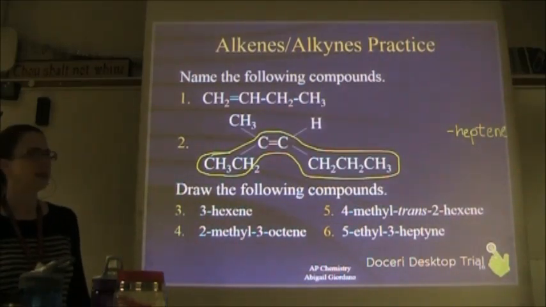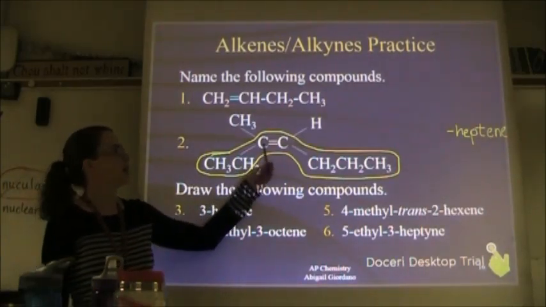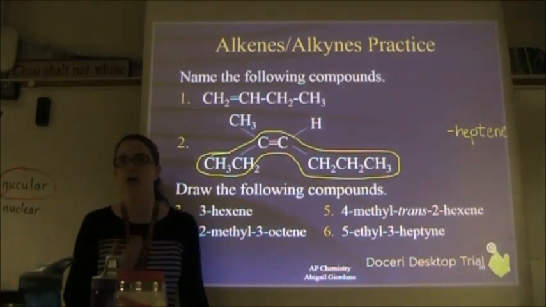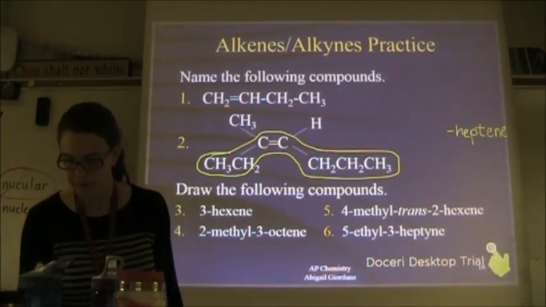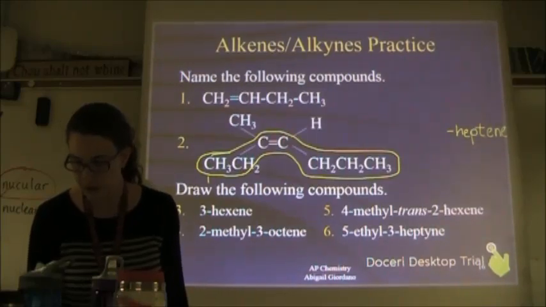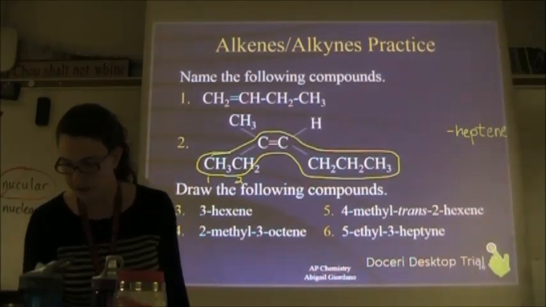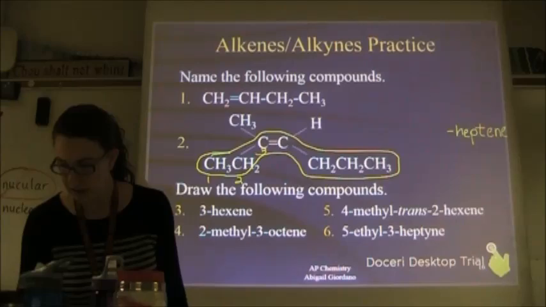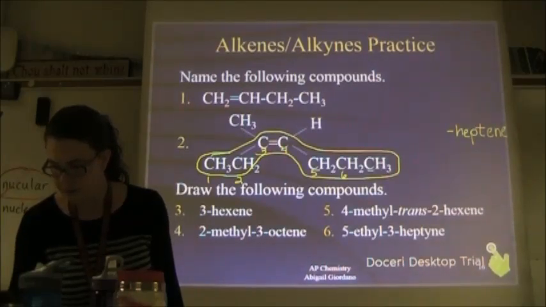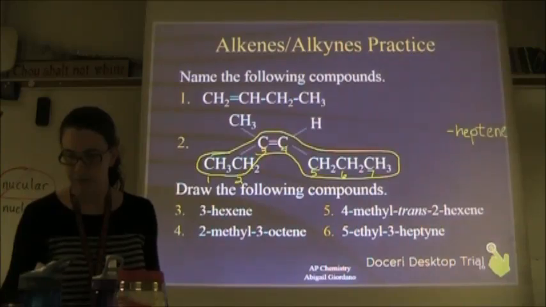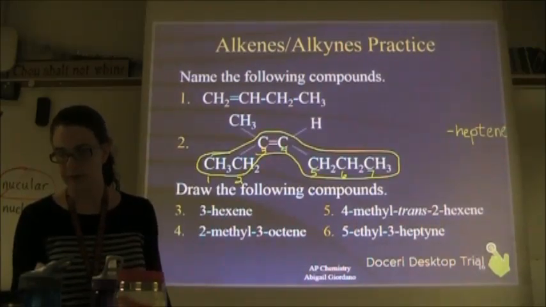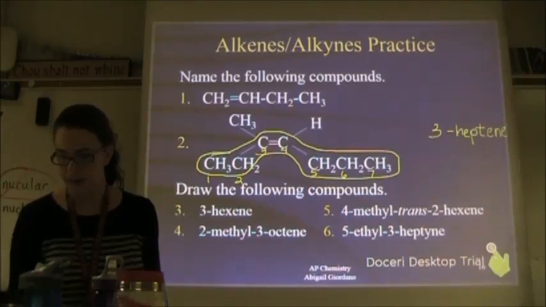Left to right. Why left to right? Yeah, that's going to put the double bond on a lower carbon, a lower number. So let's call this 1, 2, this is 3, 4, 5, 6, 7. Okay. So where is that double bond? Which carbon? 3? Okay.